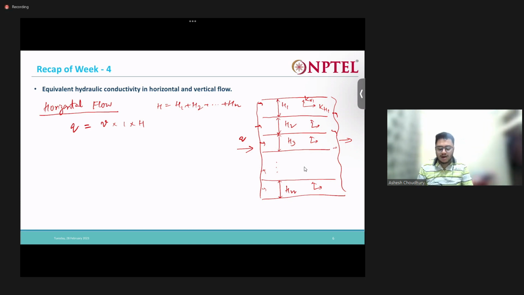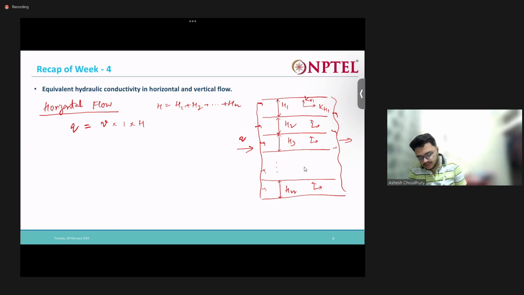The 1 is the unit cross section out of the plane of the screen. So we can write q is equal to v into 1 into H.